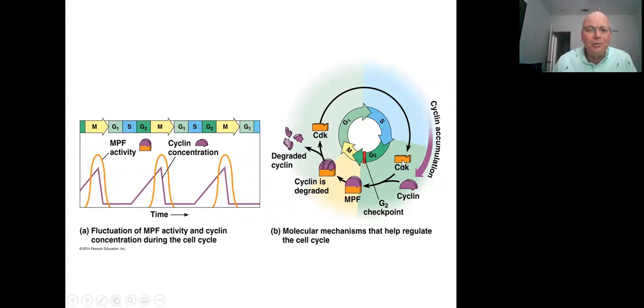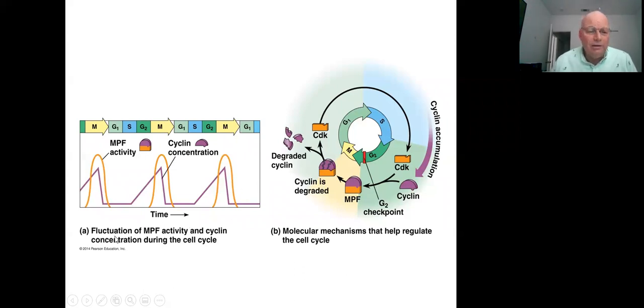It neither rises or falls. It's present all the time, even though MPF activity rises and falls in correlation with mitosis. So it can't be the cyclin-dependent kinase, it can't be the CDK, the kinase, that's the determinant of activity.